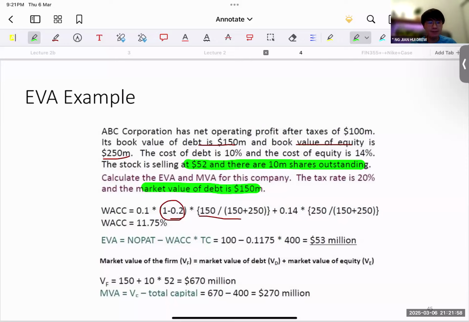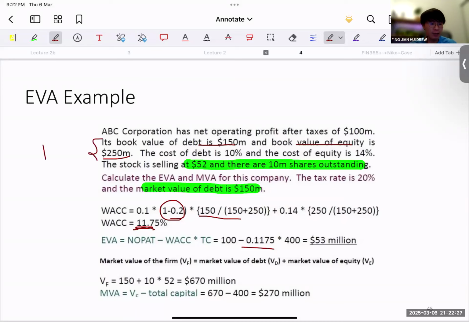In any case, let's say we use market value, we get a WACC which is obviously not this answer here, because this one uses book value. Then we take the same idea of the NOPAT minus the WACC times the total book value of our capital, which is 150 plus 250.